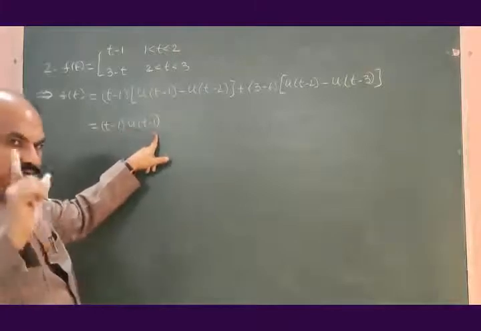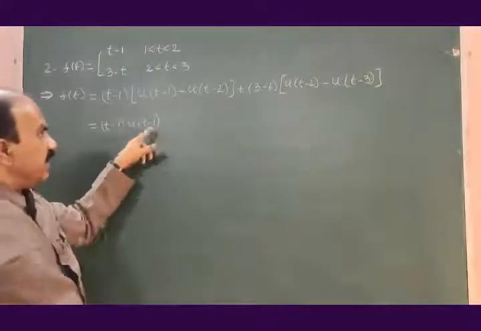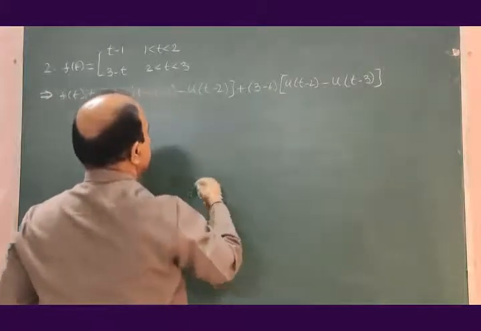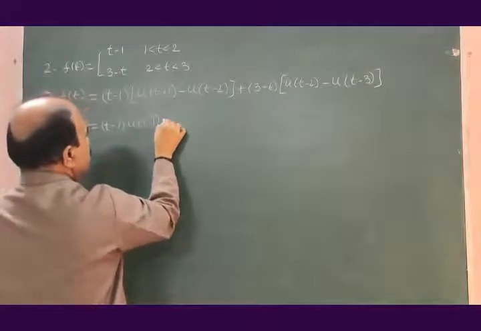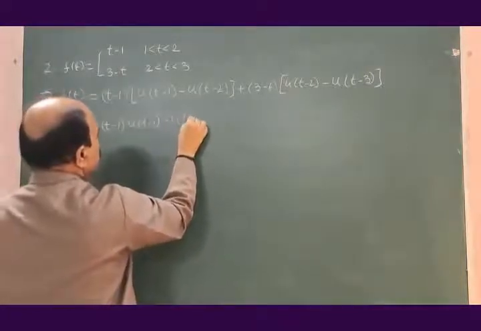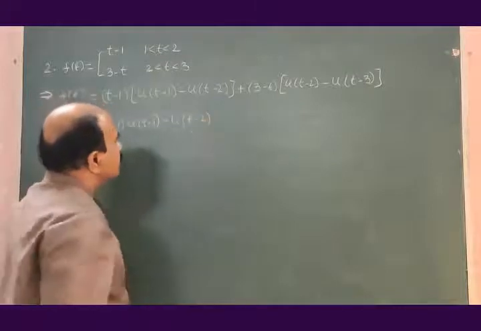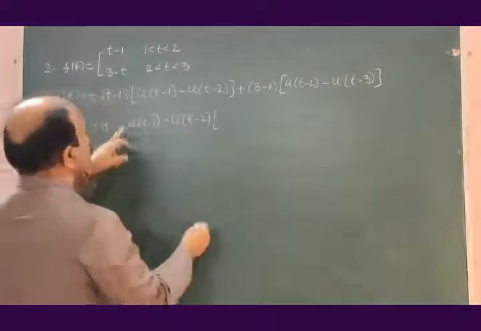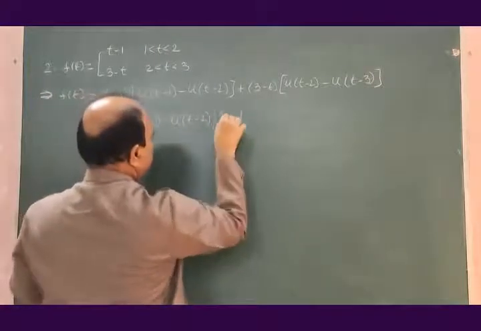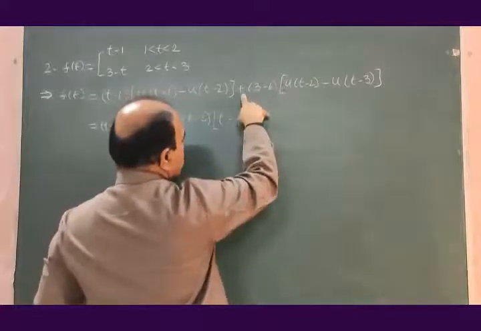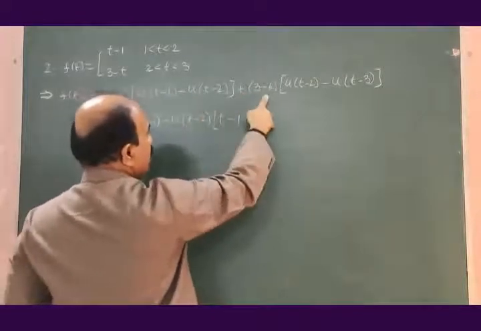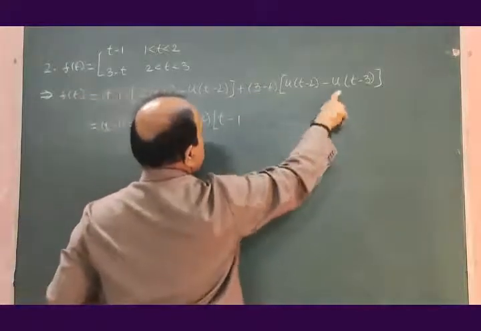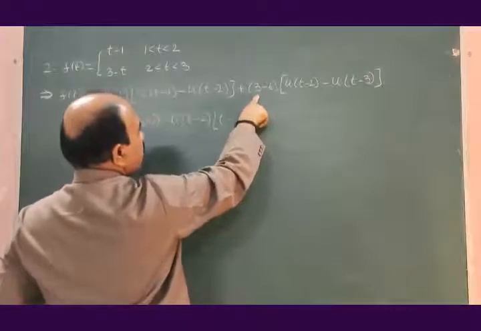It is corresponding to unity with lower limit 1. u of t minus 2 is here, u of t minus 2 is here. From these two we can take minus u of t minus 2 common. What is left? t minus 1 plus, minus is taken common here, so 1 minus will appear here for this term only, not for this, and this will become minus 3 plus 2.